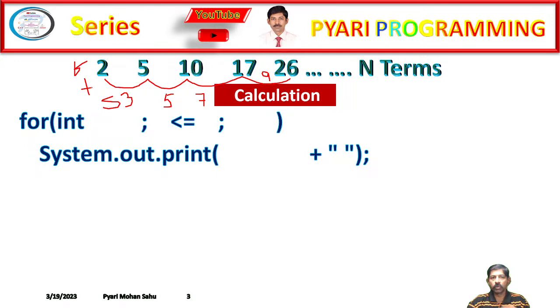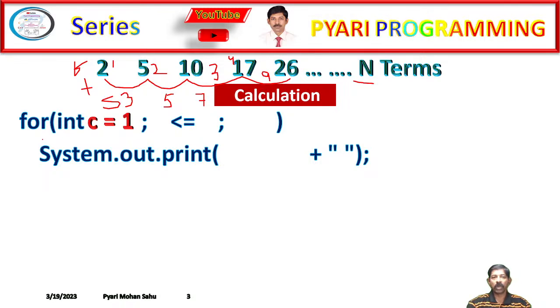First, c is equal to 1, because it is talking about first n terms, so we have to think about the counter. If I say 4 terms, this is my first term, second term, third term, and fourth term, and then I should stop at 14. If it is the fifth term, then I will display 26.